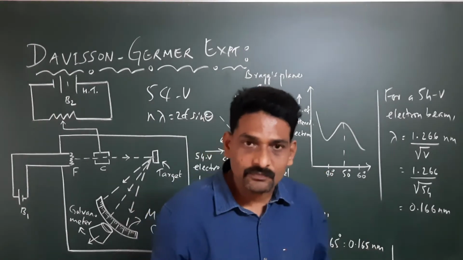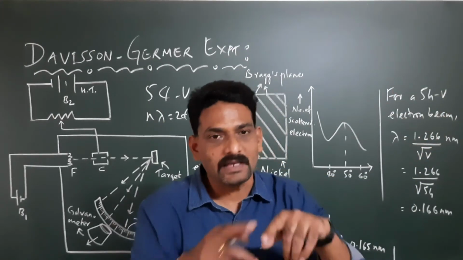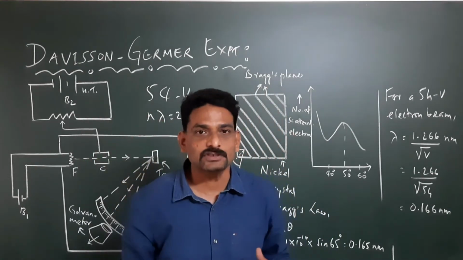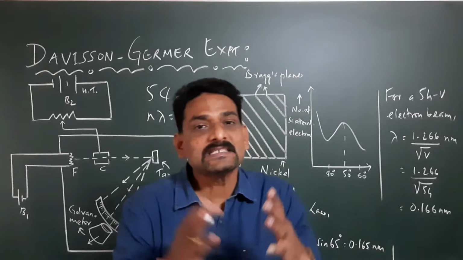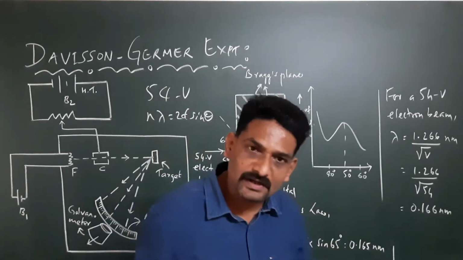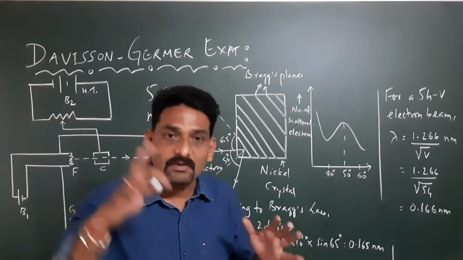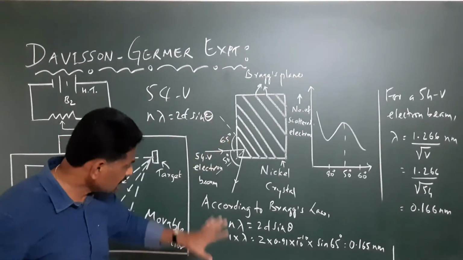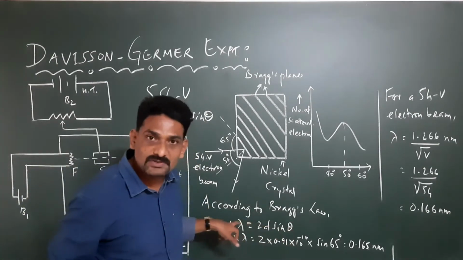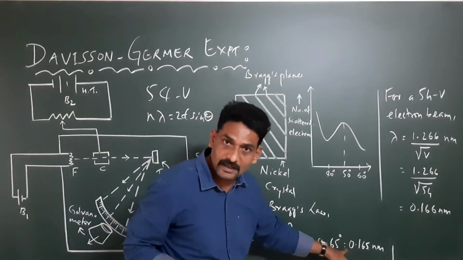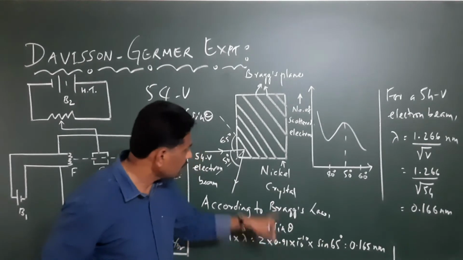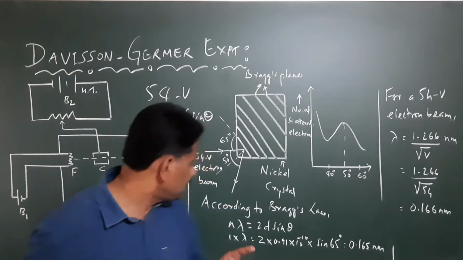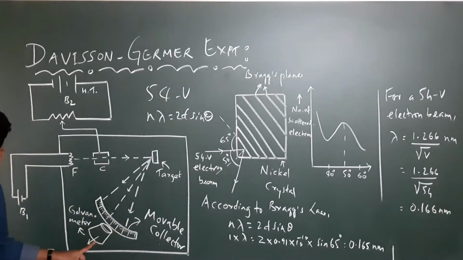As per Bragg's law, whenever an incident beam falls on a given crystal made up of a number of Bragg planes, it undergoes Bragg's diffraction and produces a maximum intensity in the diffracted beam whenever the condition n lambda equals 2d sin theta is met. In this case also, this condition was met at an angle of 65 degrees for a d value of 0.91 for the nickel crystal. Therefore, we were getting the maximum intensity in the galvanometer.